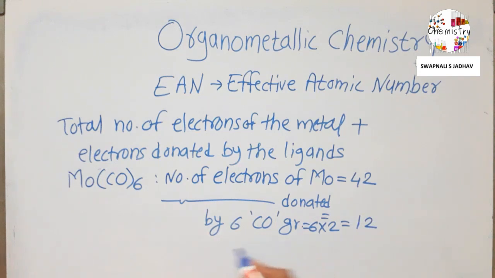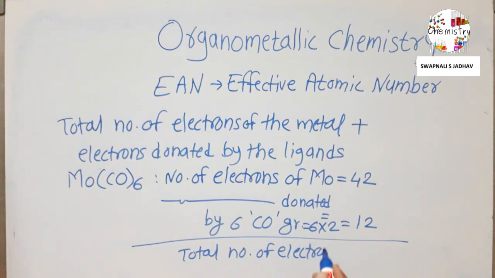Therefore the total number of electrons is equal to 54. So 54 is the atomic number of xenon. Thus, most of the mononuclear carbonyls obey the EAN rule, also known as the valence electron rule.